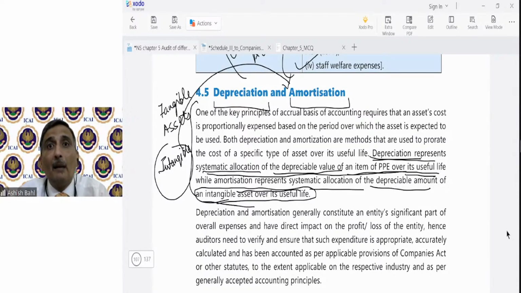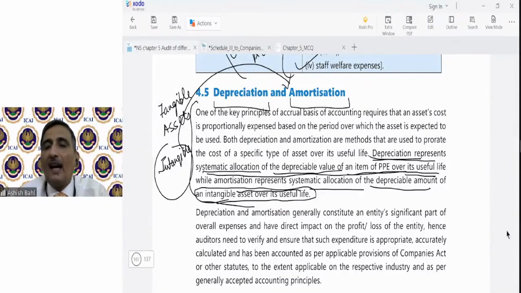And students, remember that if depreciation has not been calculated properly, it would have an impact on the profits and the financial position of the company, and the position may not be true and fair.